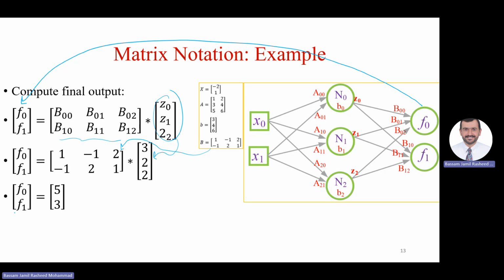Multiply the two, and I get the value of the output, 5 and 3. All I'm doing is matrix multiplication to evaluate the F using the matrices that I presented a few slides ago. So I did the forward pass for this network, given these input values and parameters, and got an output of 5 and an output of 3.